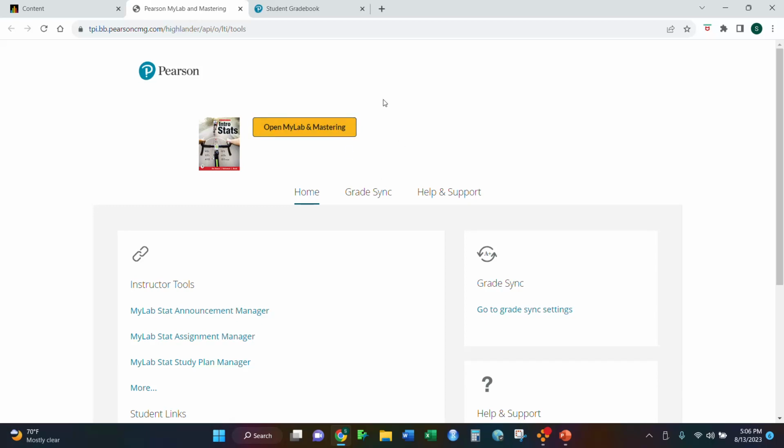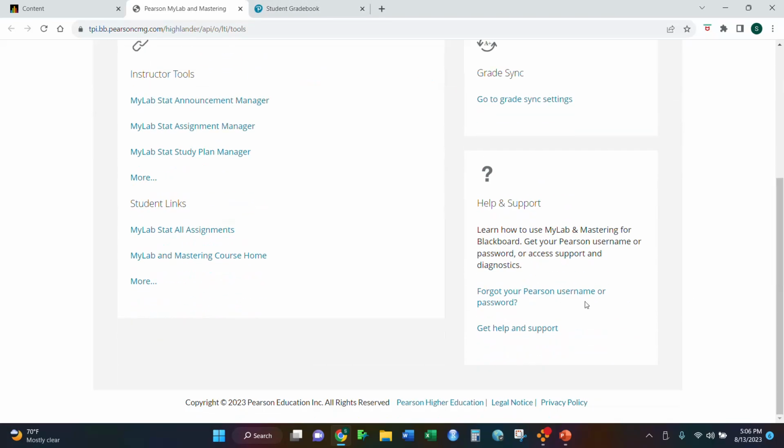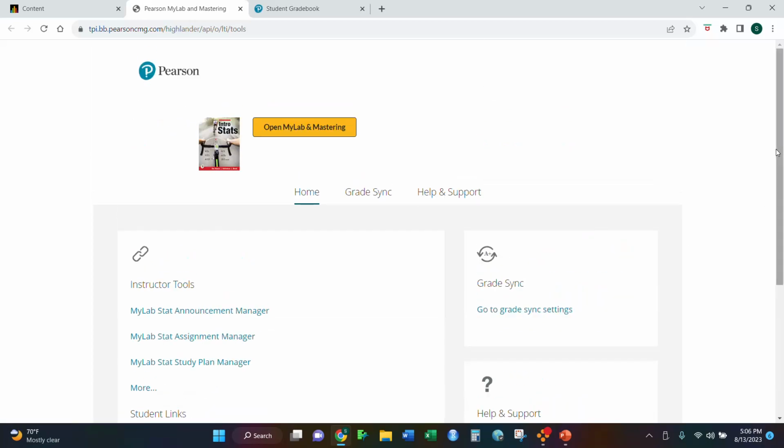I don't have to use it very often, and so I frequently forget my Pearson password. If you do, no big deal, happens all the time. It's super easy to just change your password and have the system reset.